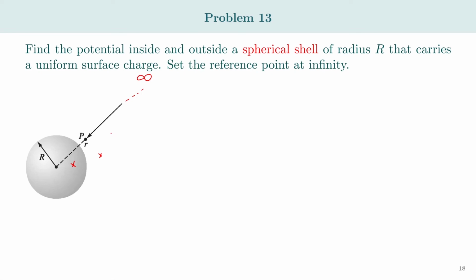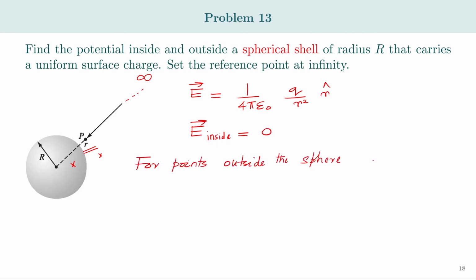Let us assume that the inside or the outside point is represented by small r. From Gauss's law, the electric field outside is given by E equal to 1 over 4π ε0 times q over r² r hat, where q is the charge on the spherical shell. We have also seen that the electric field inside the spherical shell is 0.